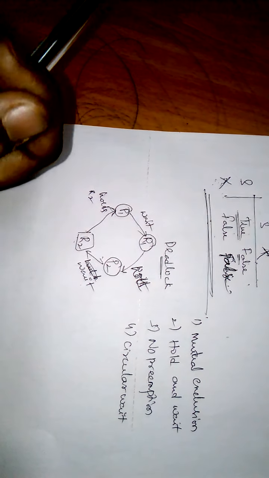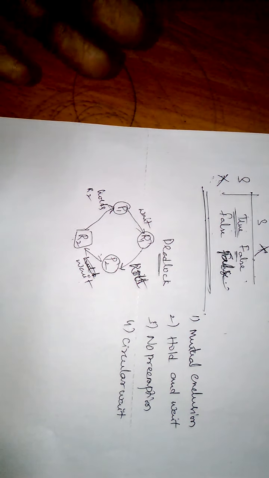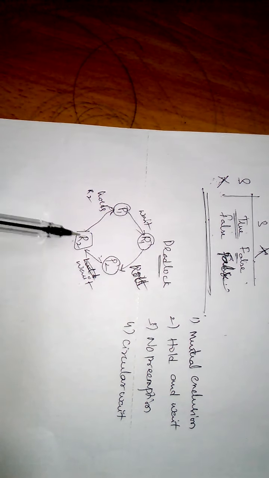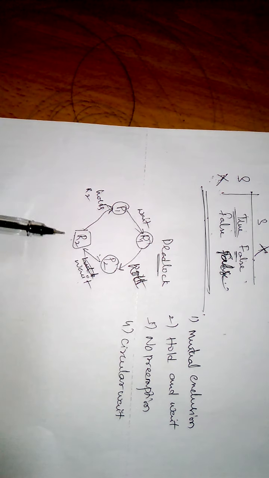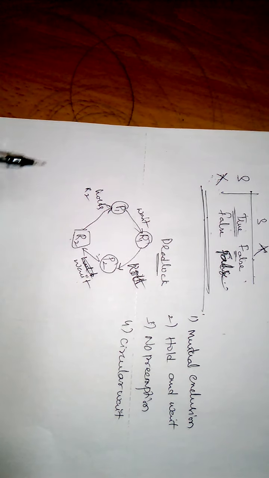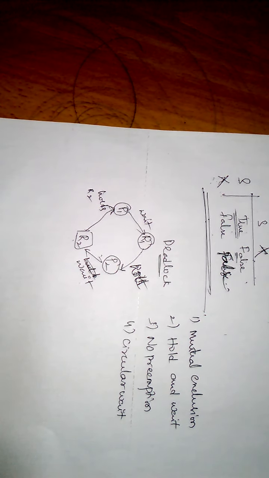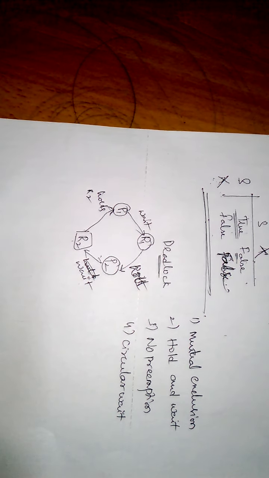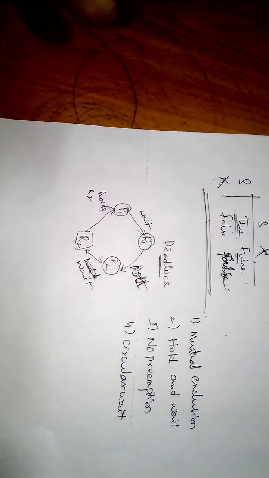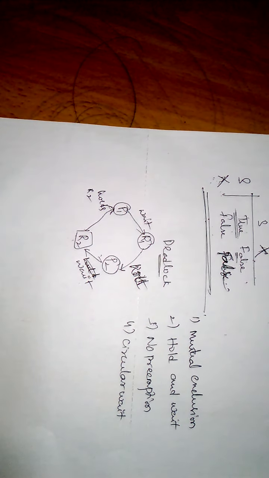In the previous video we learned about locks. When one transaction or process puts a lock on resource R2, P2 has to wait until P1 releases this resource R2. That is called deadlock. In a deadlock situation, no task will be finished, because one is waiting for the other.